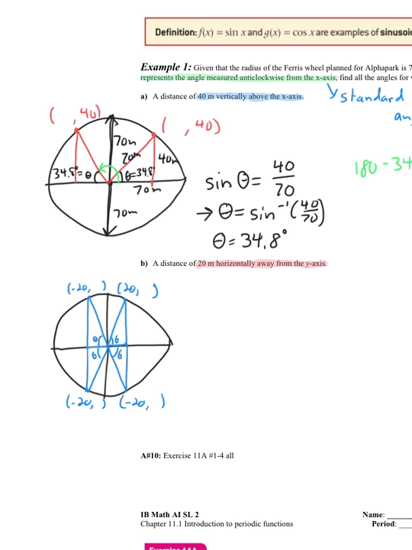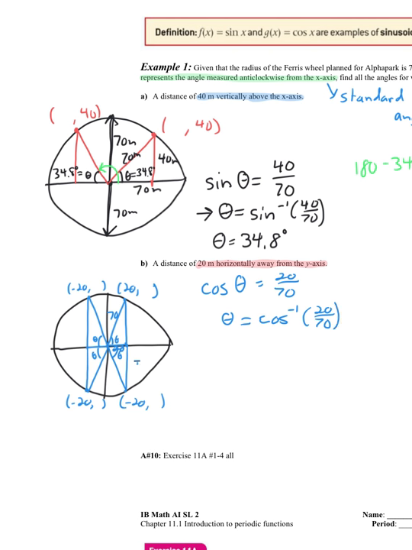So we're going to want to find 4 angles for part B here. This time we're going to do 20 meters horizontally, and we still know 70 is the radius. So we'll set up a cosine function. Cosine of theta equals 20 over 70, and then we're going to use inverse functions to solve.